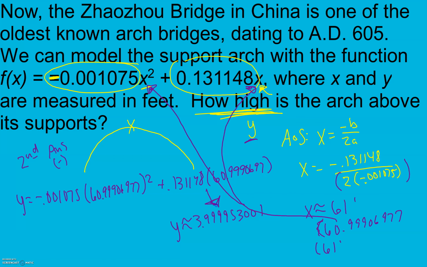And I got approximately 4. So my vertex is at 61 feet, 4 feet. That's my highest point, that maximum value. So how high is the arch? 4 feet is our solution.